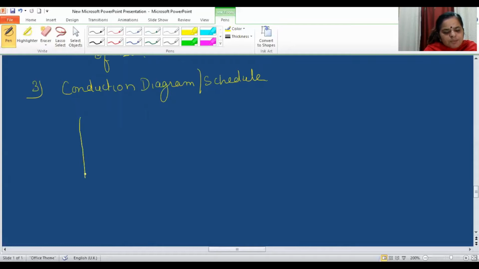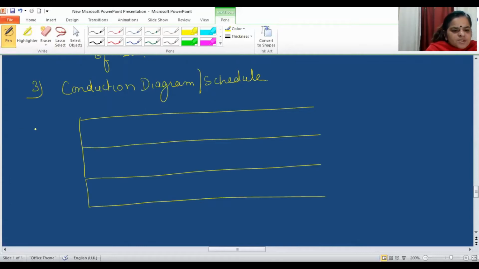What we are supposed to do is draw three parallel lines. Suppose the first is showing leg 1, which consists of T1, T4. The second row is showing leg 2, which consists of T3, T6.